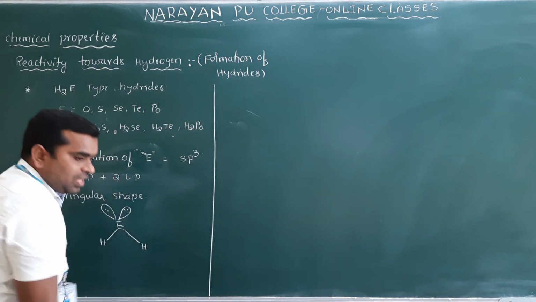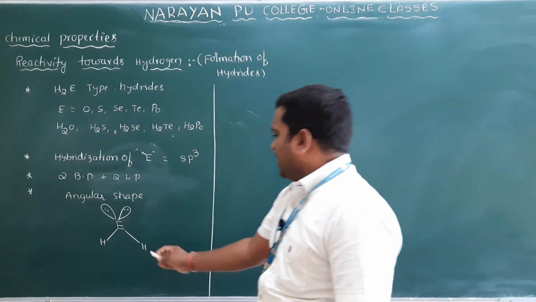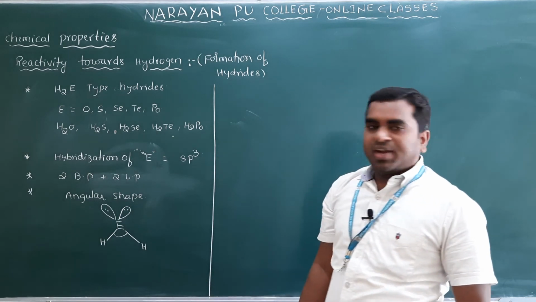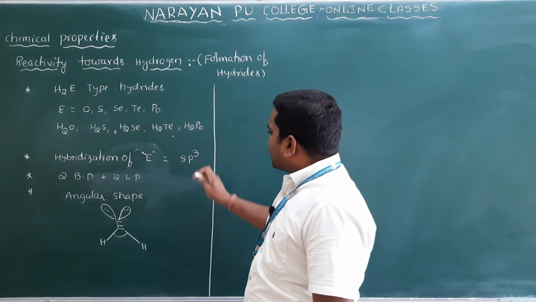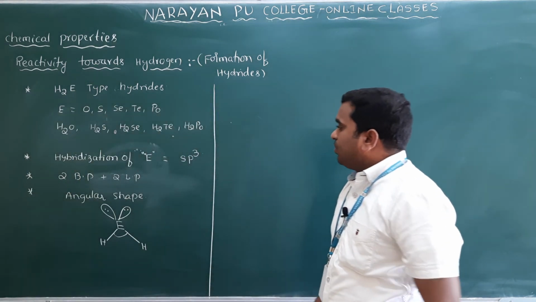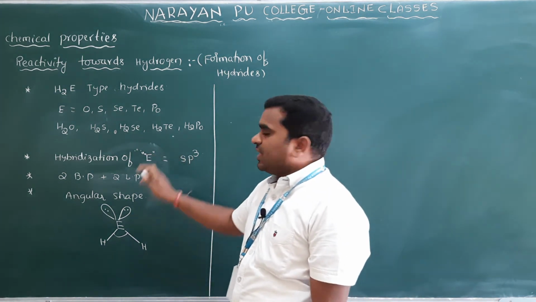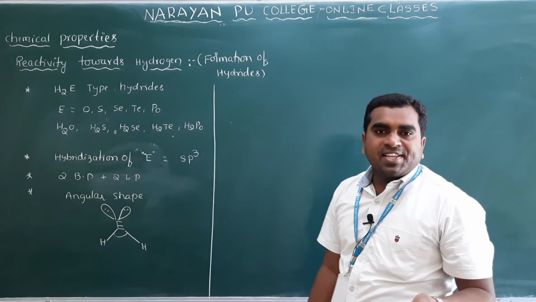Next we have to discuss the bond angle for different molecules. The central element has sp3 hybridization. For sp3, what should the bond angle be? 109 degrees 28 minutes.